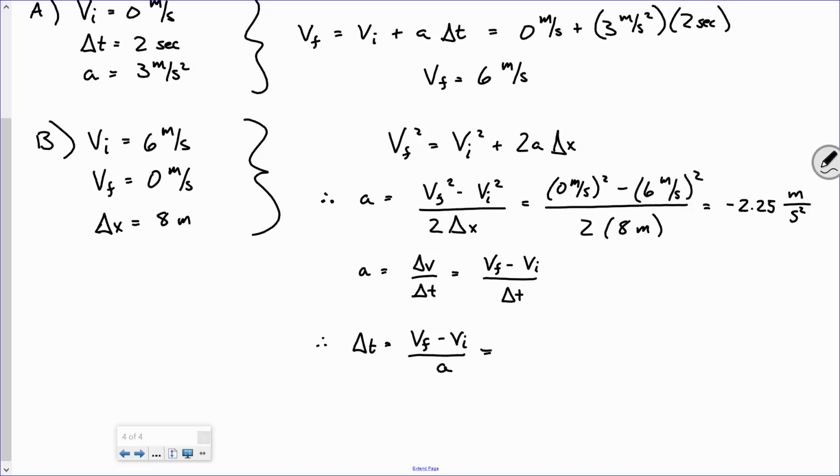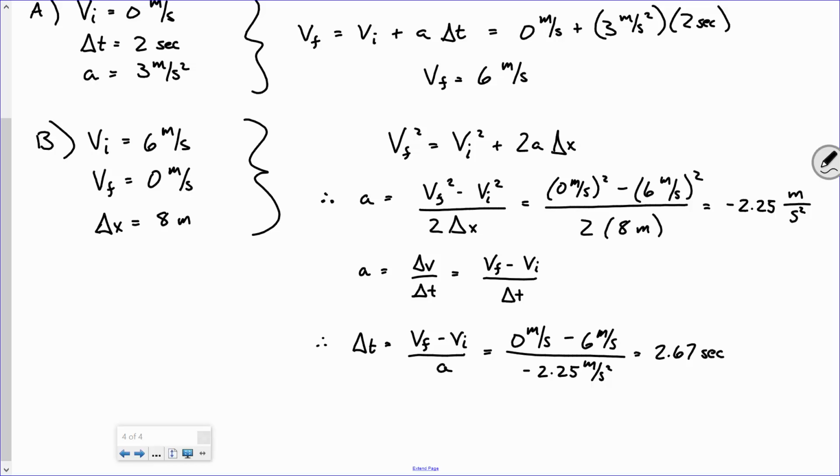So, all right, 0 meters per second minus 6 meters per second over negative 2.25 meters per second squared. What does that give us? 2 2/3, so 2.67 seconds.